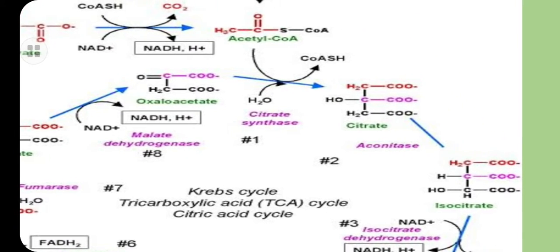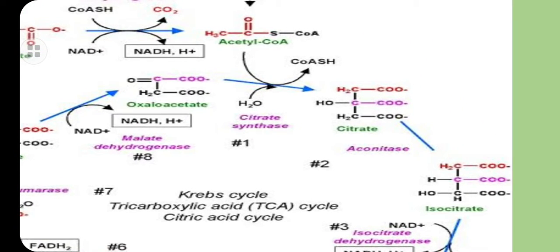Now we will start the Krebs cycle. During the Krebs cycle, acetyl coenzyme A, which is a 2-carbon molecule, is oxidized into carbon dioxide and water and produces energy.